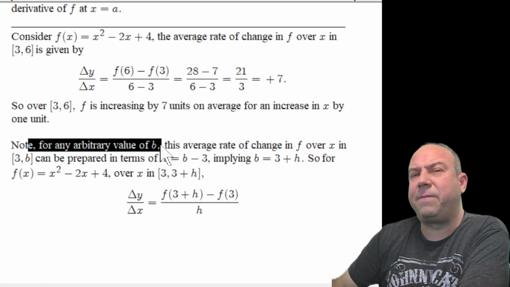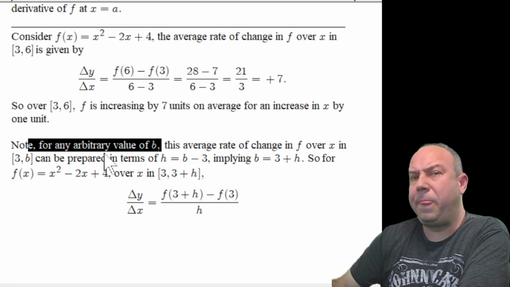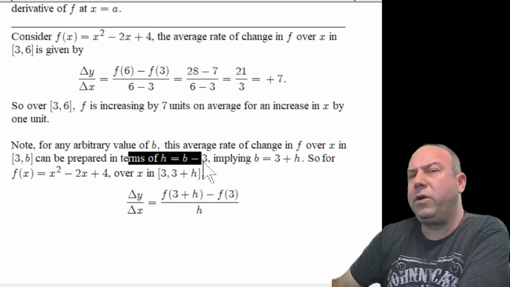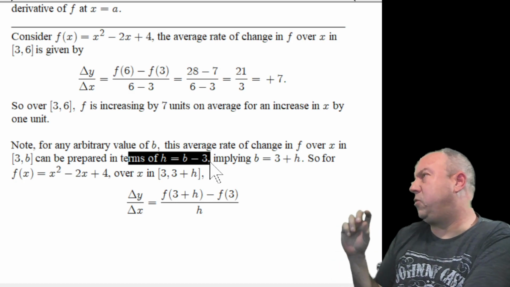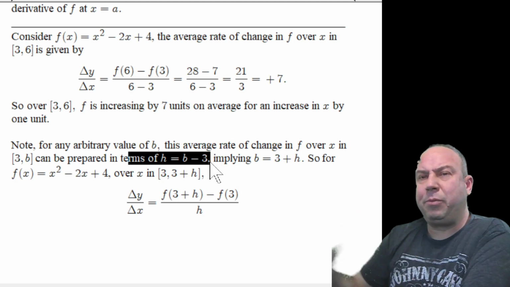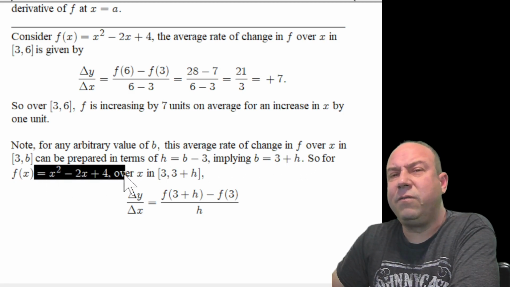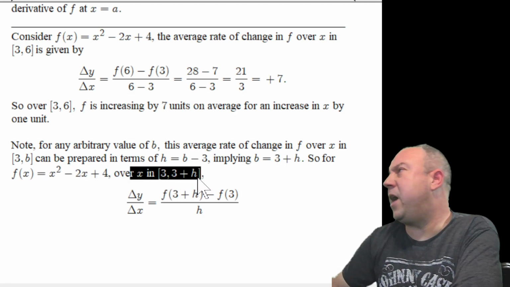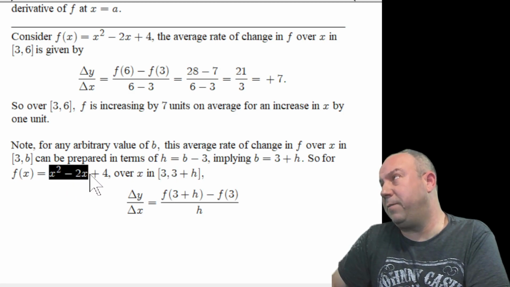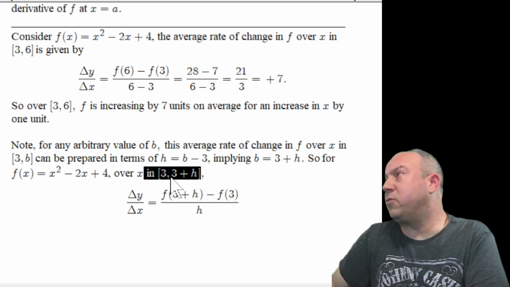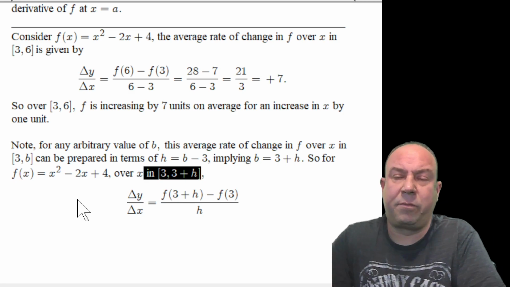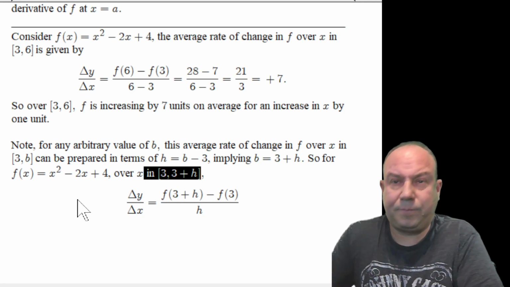We could set this up for any arbitrary b value, where we let h equal the difference between b and 3, implying b would be equal to 3 plus h. And for this function, we'd be looking at the average rate of change over this interval from 3 to 3 plus h.